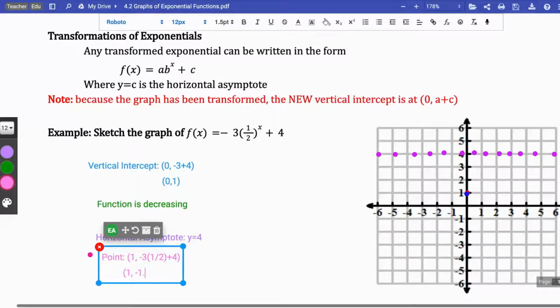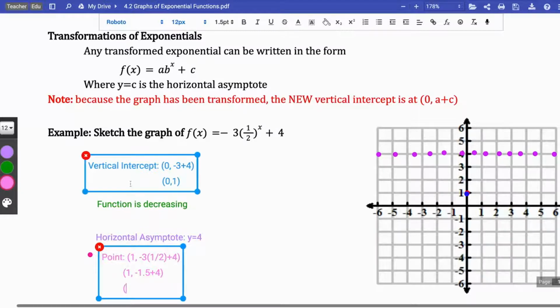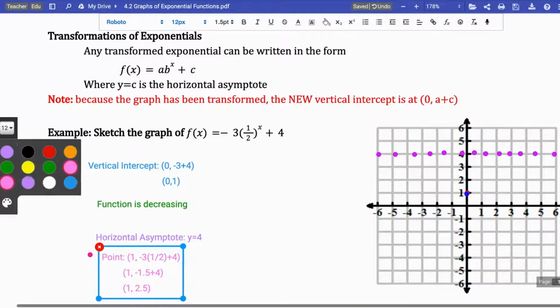I'm going to put it as a decimal, so it's easier for us to do the math with it. Plus 4. Negative 1.5 plus 4 is going to be 2.5. So this tells me that I'm going to have a clear point at (1, 2.5), because 4 minus 1.5 is 2.5. So let's go ahead and graph that clear point.